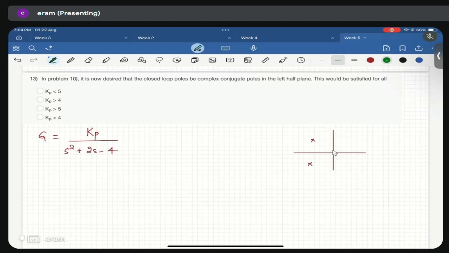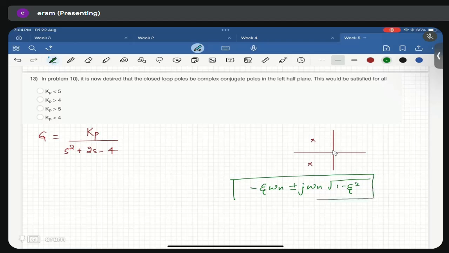Can we also use the concept of an underdamped system? Because for an underdamped system, we know that the roots lie in the LHP and they are complex. We just now have seen that the roots are given as minus zeta omega n plus minus j omega n under root 1 minus zeta square.